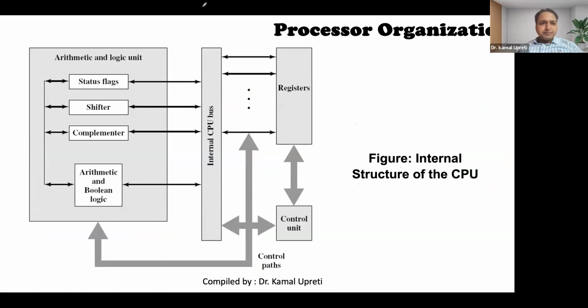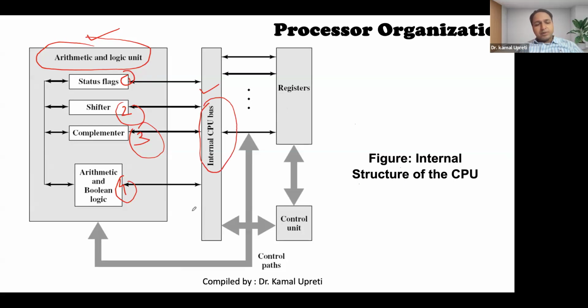Now you can see here it has arithmetic and logical units. We have a lot of data existing in the arithmetic and logical units. There are a status flag, shifter, and complementer, along with the arithmetic and logical units. Four different units are existing, and we need to take care of the internal CPU buses while using them, because all of them are directly connected to the internal buses, which is very important.